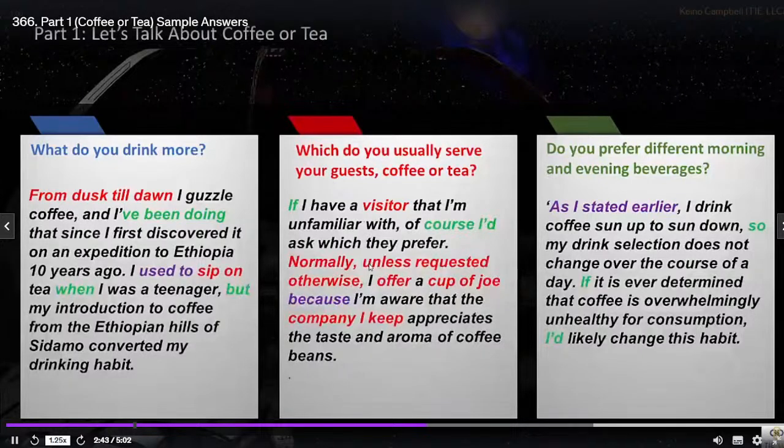We have a lot of great language here that you can apply to any question, right? We have a conditional sentence, if would. Normally, I have it in red here because it's a synonym of the word usually, but normally is also really good fluency language. Really good phrase here, unless requested otherwise. That means unless somebody says anything different, or unless someone asks for something different, this is what I do.